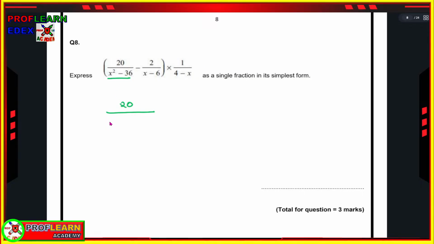So this is going to be x minus 6 and x plus 6, minus 2 over x minus 6. So whatever we have in the bracket, we can express as a single fraction, and then before we do 4 minus x here.